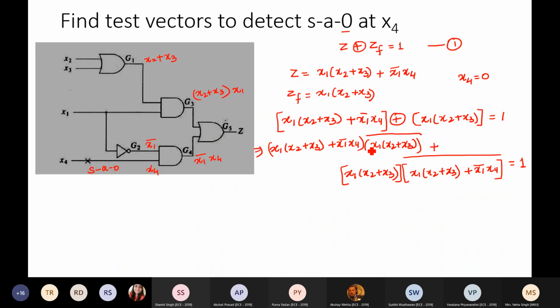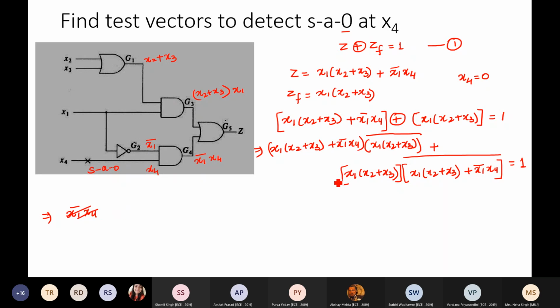Solve this. So I get this as some factor f into f bar. That would give me 0. So I'm left with this term. So I get x1 bar x4 into x1. So this again will be 0 because x1 bar into x1 will be 0. So this entire term goes to 0. So I get nothing from the first term.